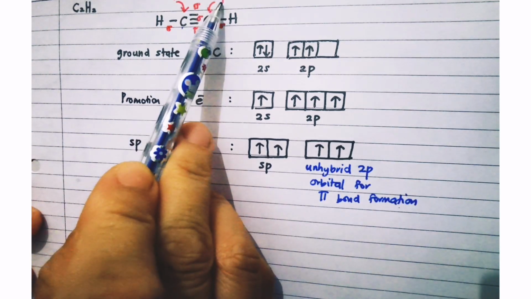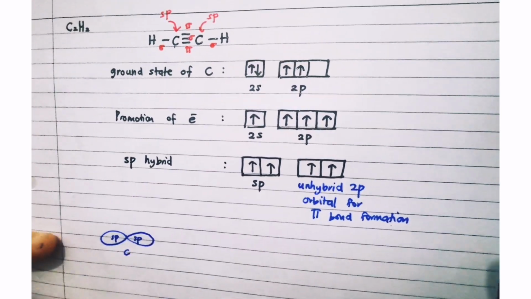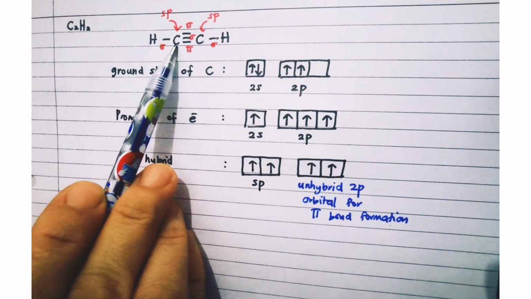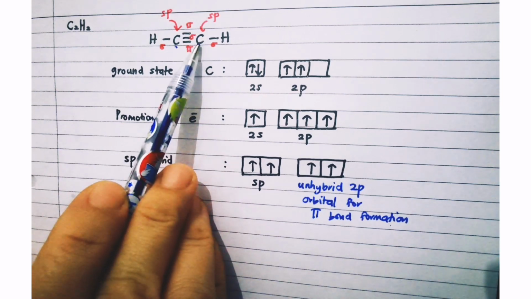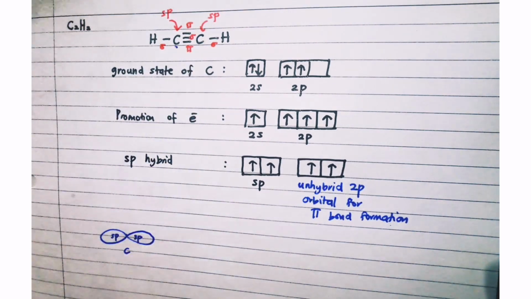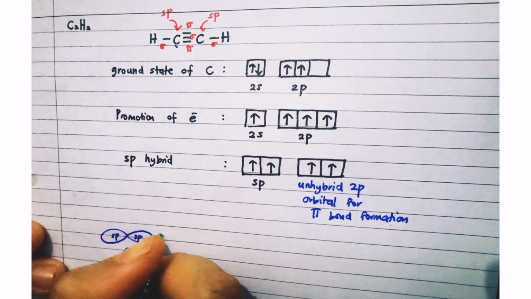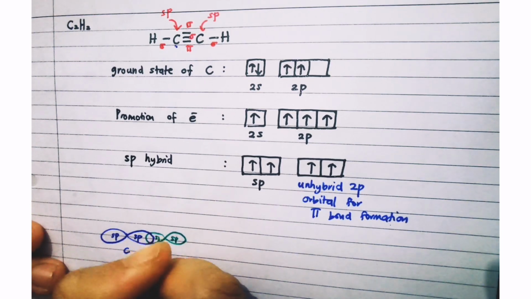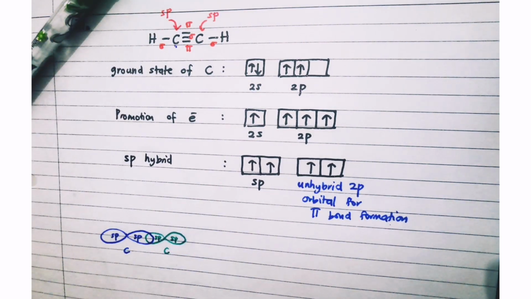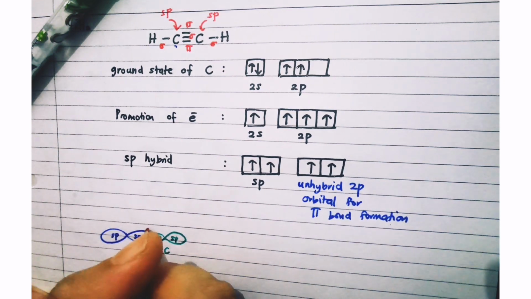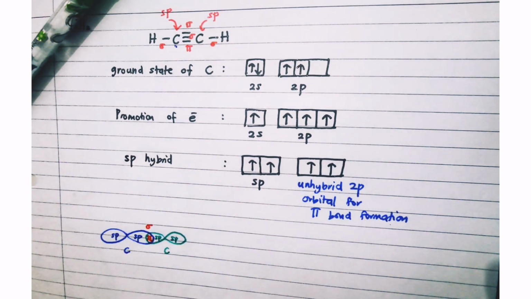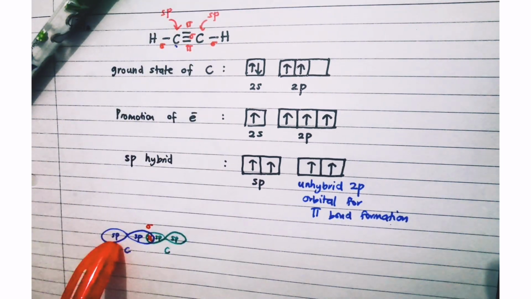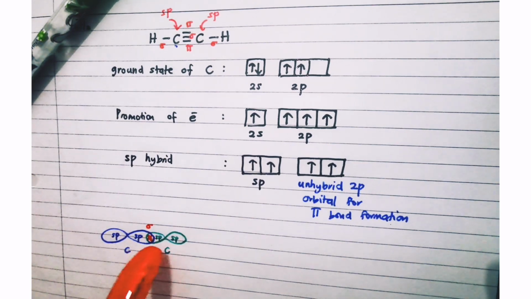Since this carbon also is sp hybrid, sp of this carbon will overlap end to end with sp of this carbon. So I will use another color for the second carbon. This is sp for the other carbon, and the electron is here in the sigma bond. So we have settled our CC sigma bond, in which sp of carbon overlaps end to end with sp of the other carbon.